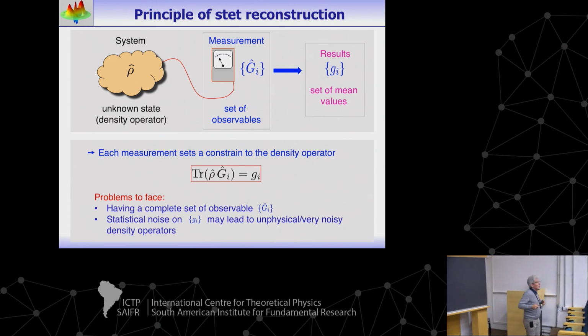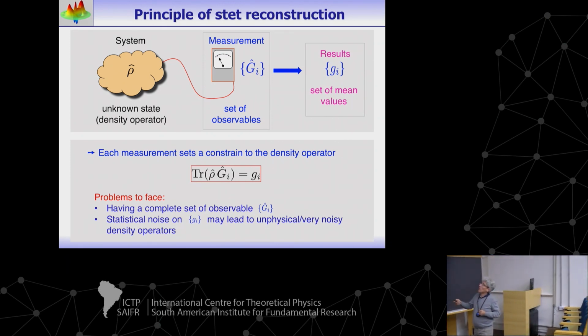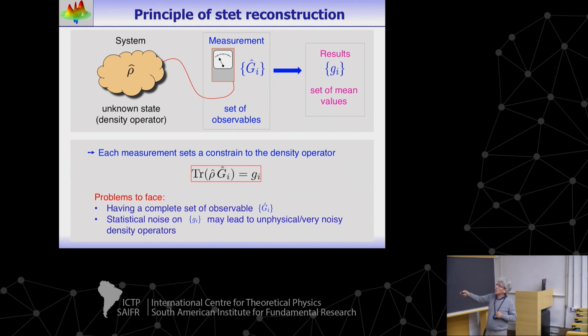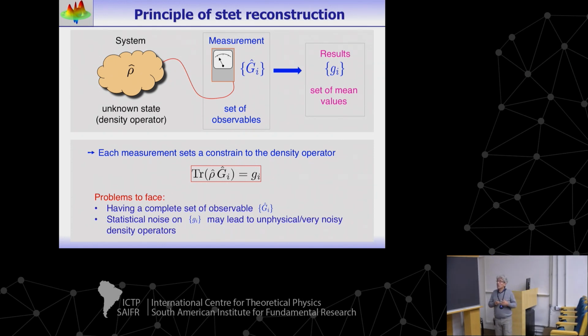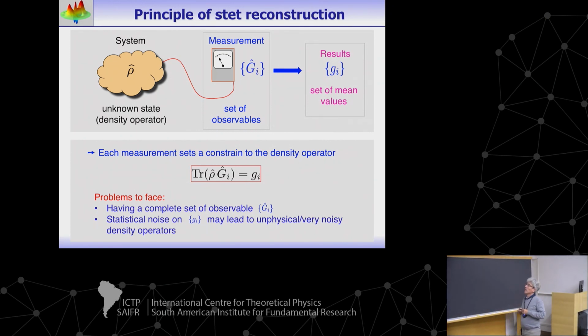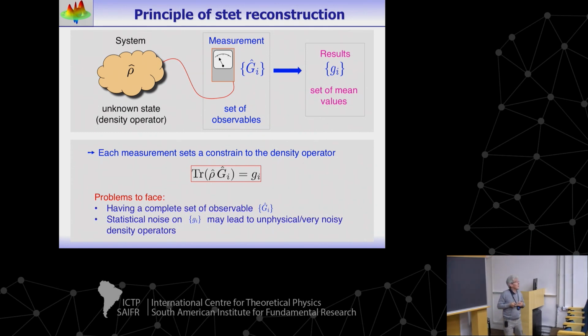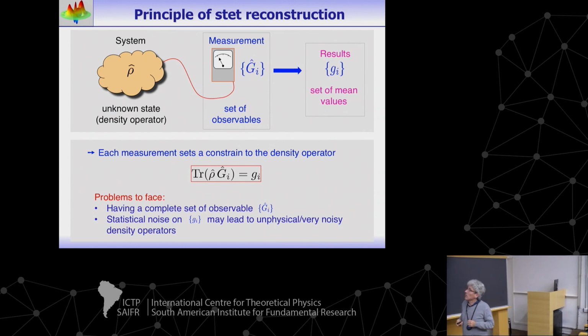And the naive way to reconstruct the matrix would be to have a large enough set of measurements so that you have a large enough set of constraints over the density operator so that it fully constrains its coefficients. And then you have to basically invert a matrix to get the matrix elements of the density operator. So this is simple, but this is not very efficient, for several reasons.